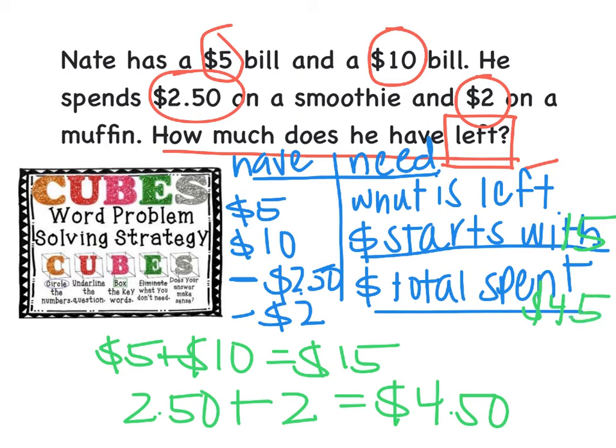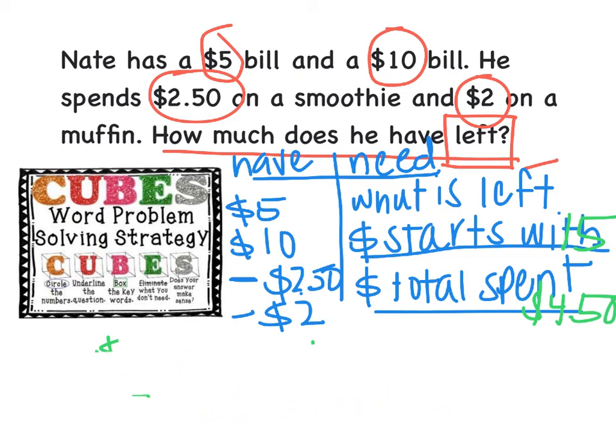Let me write that down. Now I can put those things together to figure out how much he has left in all. So he had $15, and he spends $4.50.